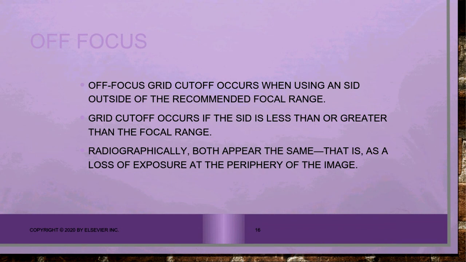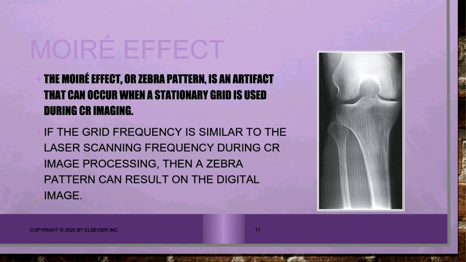So if your focal range was 40 to 52 inches and you used less than 40 or greater than 52, you would exhibit an off-focus grid error. There's a loss of exposure on the edges of the image where it does not match the divergence of the beam, whether you're below the focal range or above the focal range, both would exhibit the same exact way. So that is an off-focus grid error when you're outside the focal range.